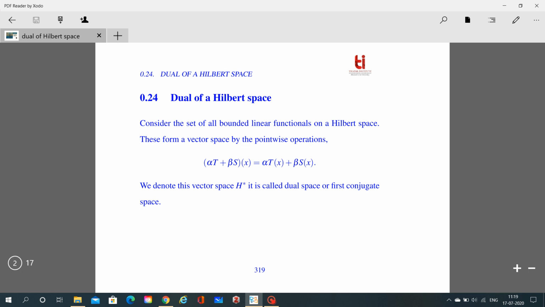So, consider the set of all bounded linear functionals on a Hilbert space, and these form a vector space by the pointwise operation (αT + βS)(x) = αT(x) + βS(x). We denote this vector space by H star, and it is called the dual space or the first conjugate space.